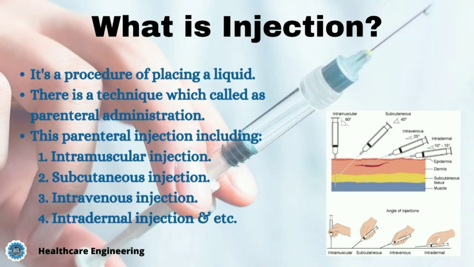These parenteral injections include intramuscular injections, subcutaneous injections, intravenous injections, and intradermal injections. The following figure shows the four types of angles of the needle insertion for the above mentioned types.